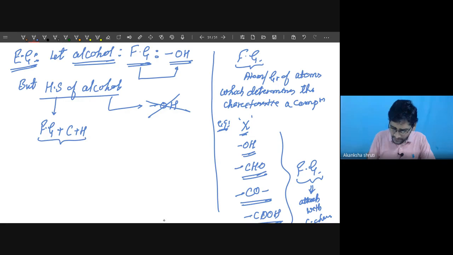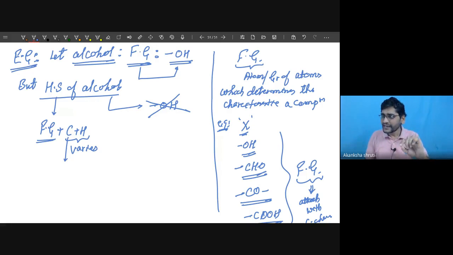So this functional group must be attached with carbon and hydrogen to satisfy their valency. Also, it should not be for only one molecule. Maintaining the same functional group means you need to maintain this, and you have to vary these two. Variation in the carbon atom can give the next member, so it varies to get their next members.